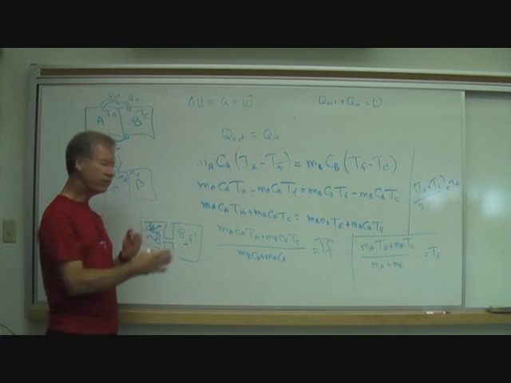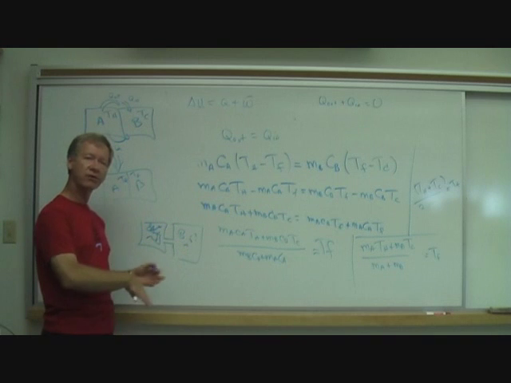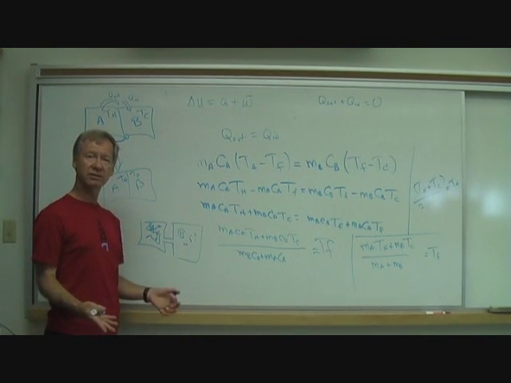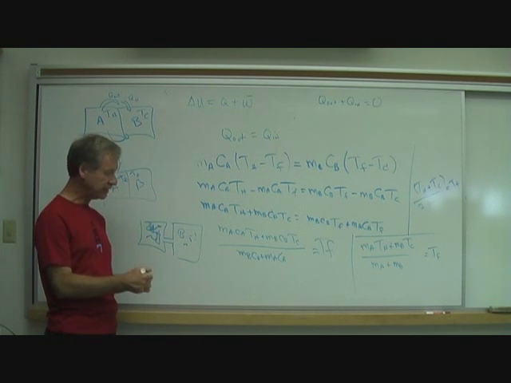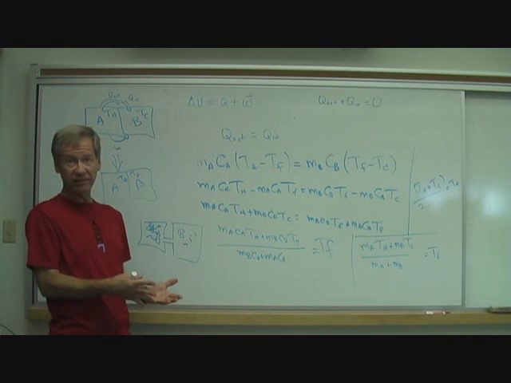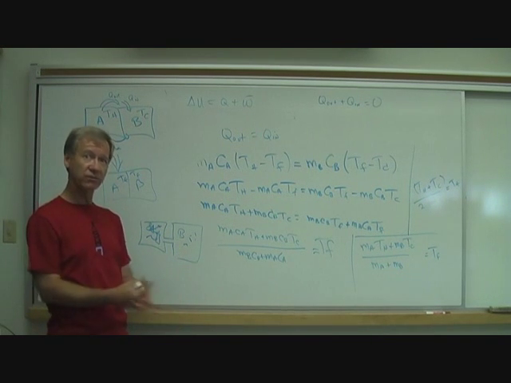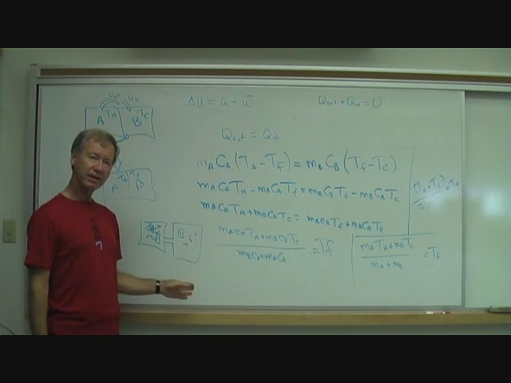Eventually, they come to thermal equilibrium where all the particles now, on average, look the same. What's that final temperature going to be that represents the average random thermal motion of the particles? Same deal as this.